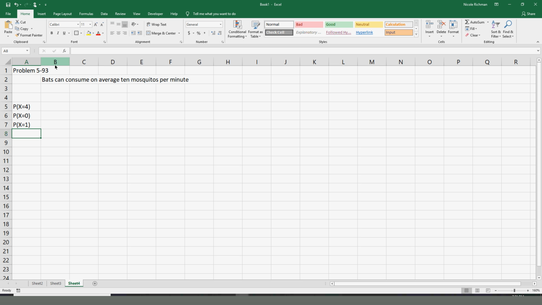So the first thing we have to do is convert the number of mosquitoes to 30-second intervals instead of 1-minute intervals.